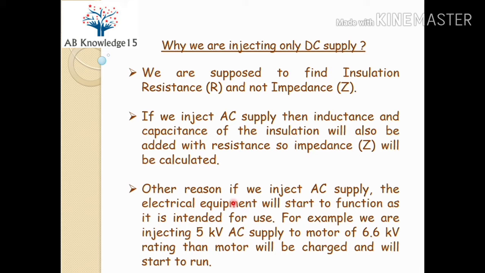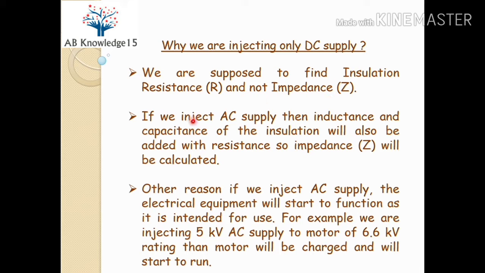Now we discuss why we inject only DC supply. We could also check the insulation resistance by injecting AC supply, but we are supposed to find the insulation resistance, the value of R and not the value of Z. Z is the impedance, which is the total vector sum of resistance, inductance and capacitance.